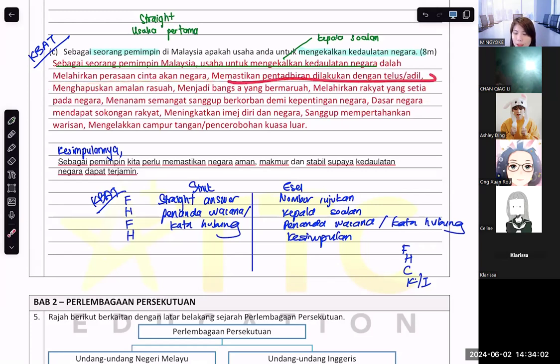Selain itu, memastikan pentadbiran dilakukan dengan telus dan adil. Di samping itu, okay, you can actually see that when it is an essay, the best one is fakta, huraian, contoh, inference, or kesan.